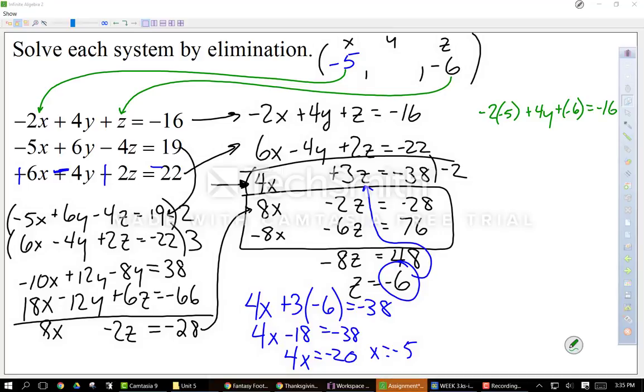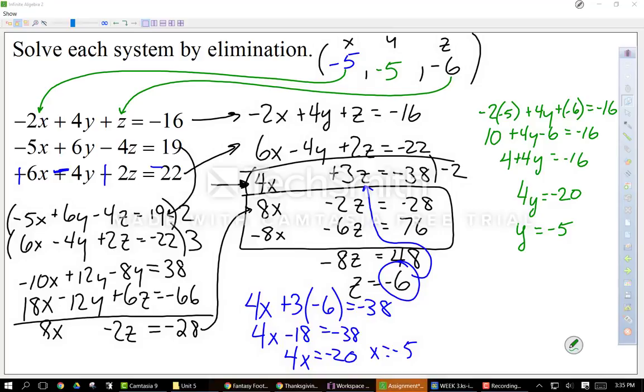Now let's solve. That's 10 plus 4y minus 6 equals -16. So that's 4 plus 4y equals -16. 4y equals -20. y equals -5. So y is -5. So my answer for this one is -5, -5, -6.